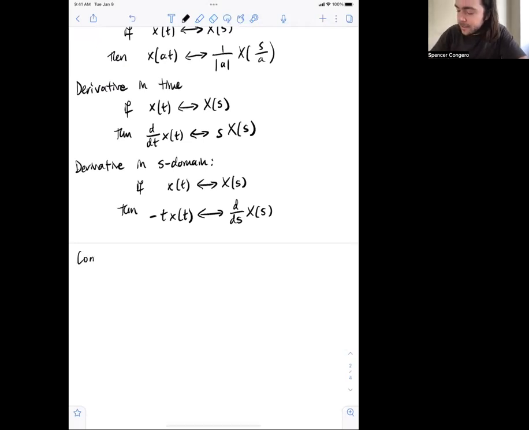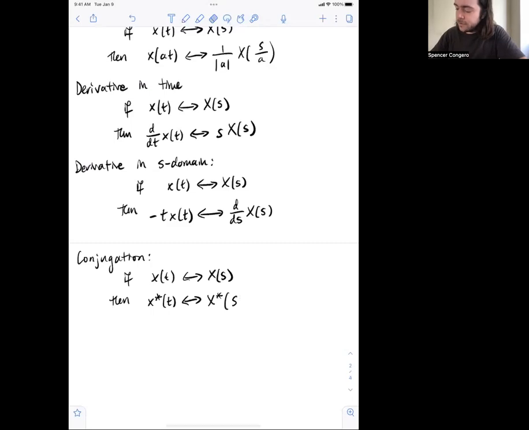Just a couple more here. So what happens when I conjugate? Conjugation. If x of t has Laplace transform X of s, then x conjugate of t, what happens? Well, I get X conjugate of s conjugate.